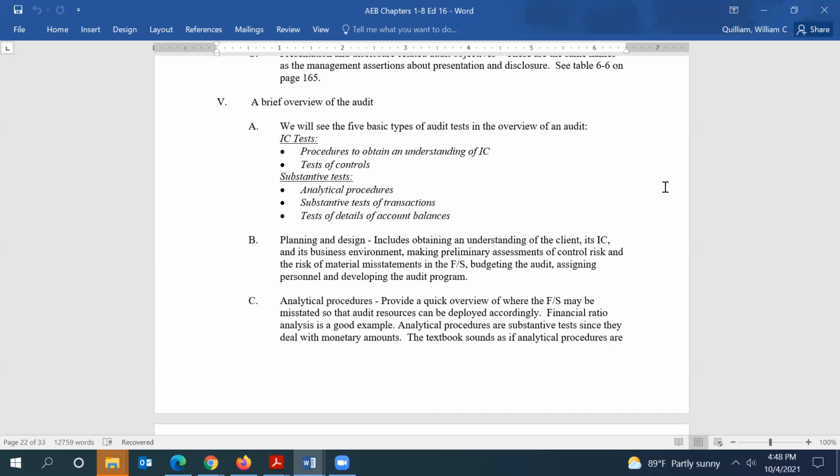Is this your correct balance or not? If it is, that's great. If not, let us know. Whereas a substantive test of a sales transaction, an individual transaction, the previous test, that would be where we're checking an individual sale, tracing it to the sales journal to make sure there's no posting error.